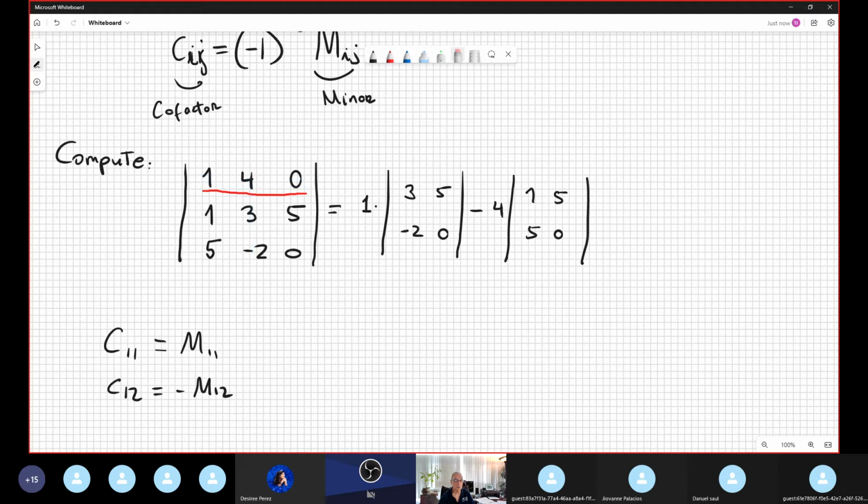Did I finish? No. Because we have 0, the last element. But 0 is 0. A 0 is nothing. Okay, by curiosity, I put the 1, 3, 5, negative 2. Because I delete in my mind this column and this row. But this is 0.